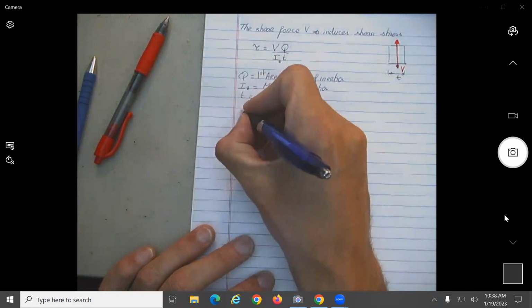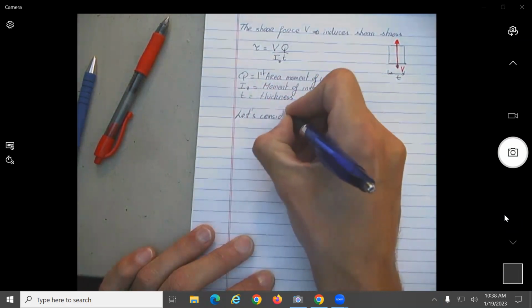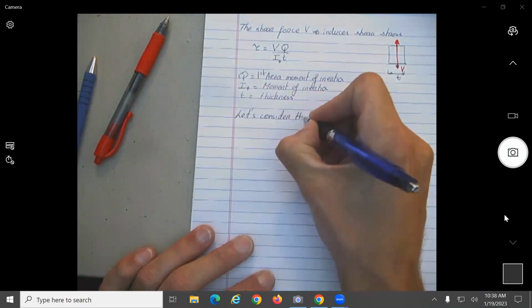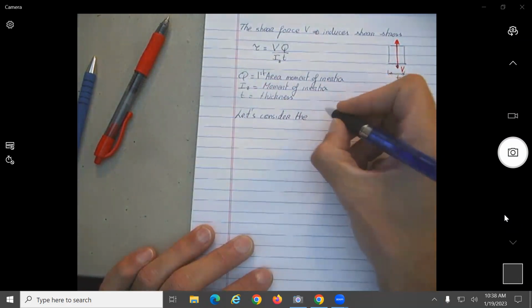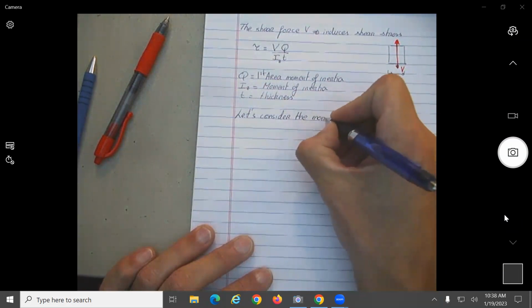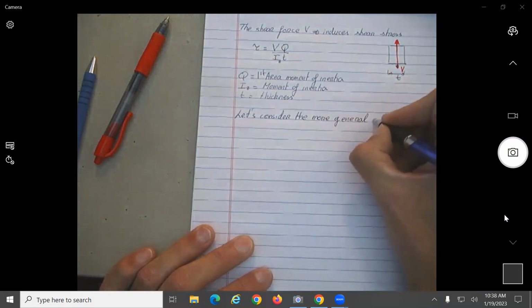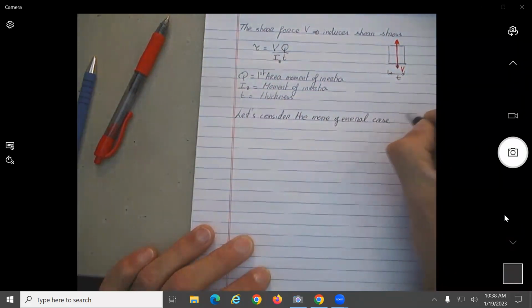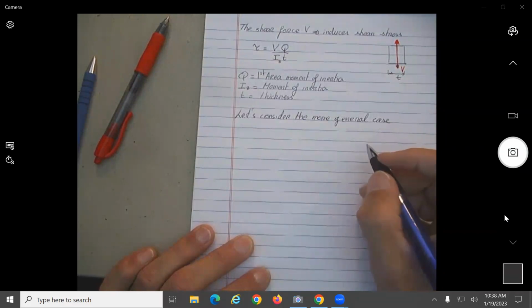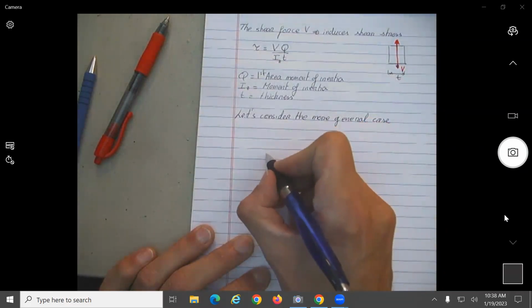So next, let us consider the more general case. So this time, we're going to have, I don't really know how to plot this too well, but let's try.